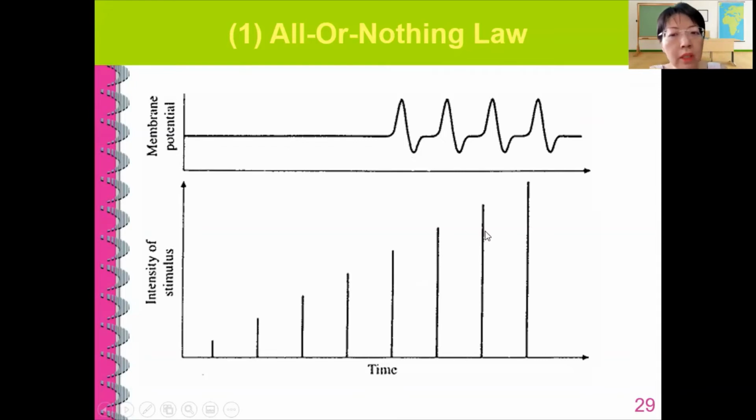So this property is called the all or nothing law. Either you get the entire action potential of positive 30 millivolts or you get nothing. And you can only get the positive 30 millivolts when the intensity of the stimulus is above the threshold intensity for stimulus. This is the threshold for stimulus, not the threshold for membrane potential, it's different.